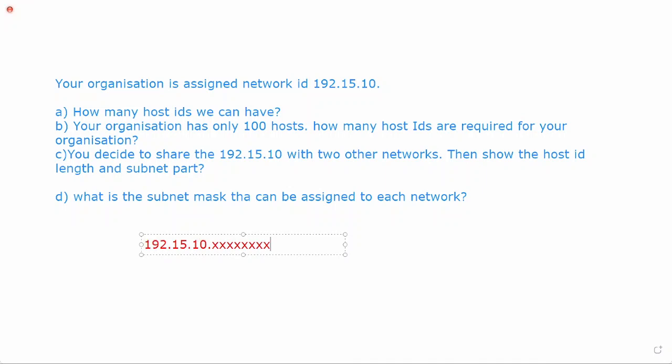So this part you cannot do anything with, it is already assigned to you. But these 8 digits, you can do whatever you want.